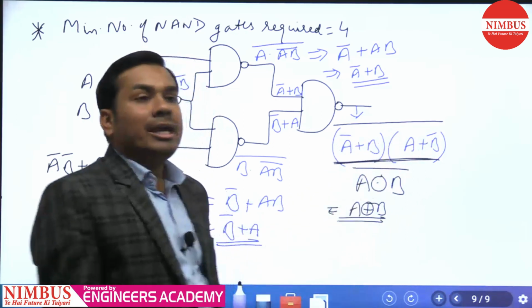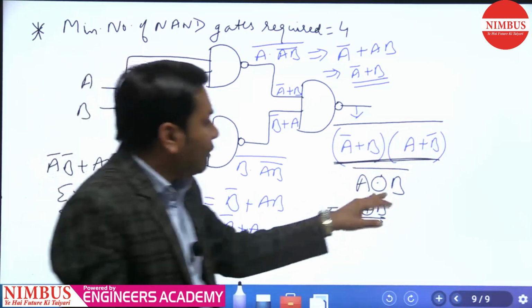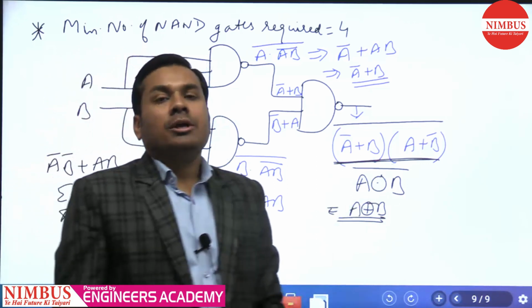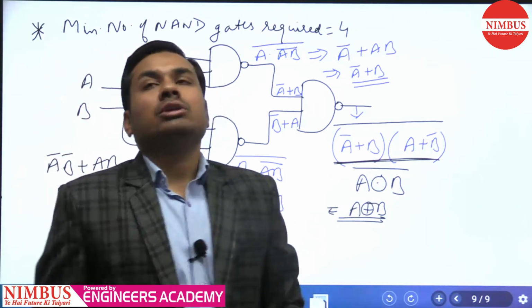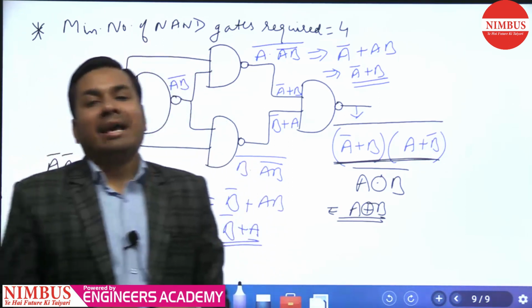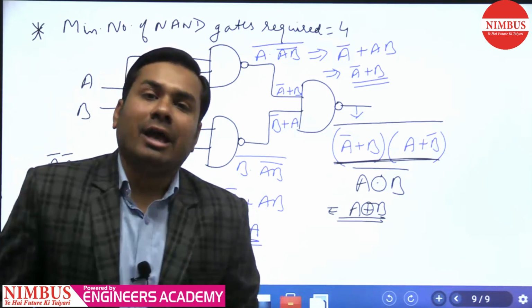So it is A XNOR B whole bar, and that is equal to A XOR B, because we know that XOR is the complement of XNOR, or XNOR is the complement of XOR.